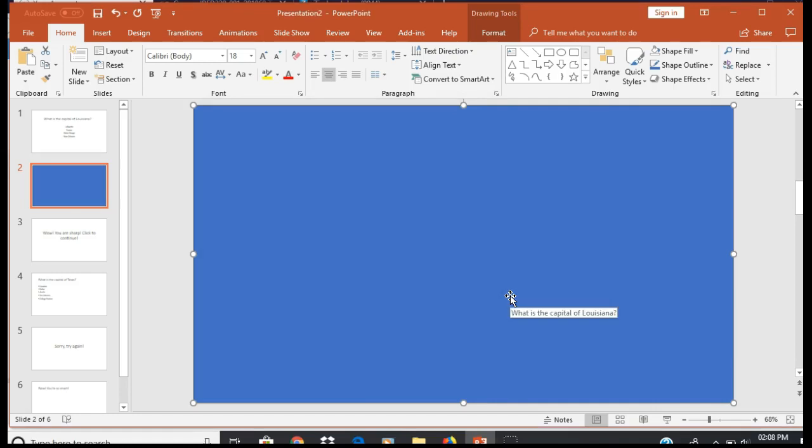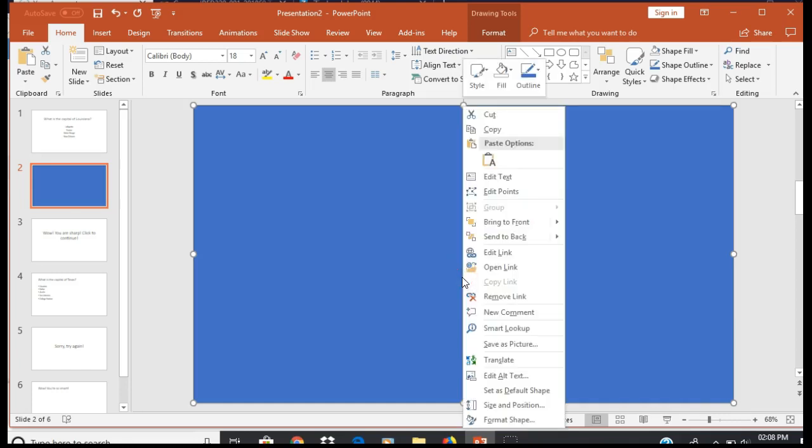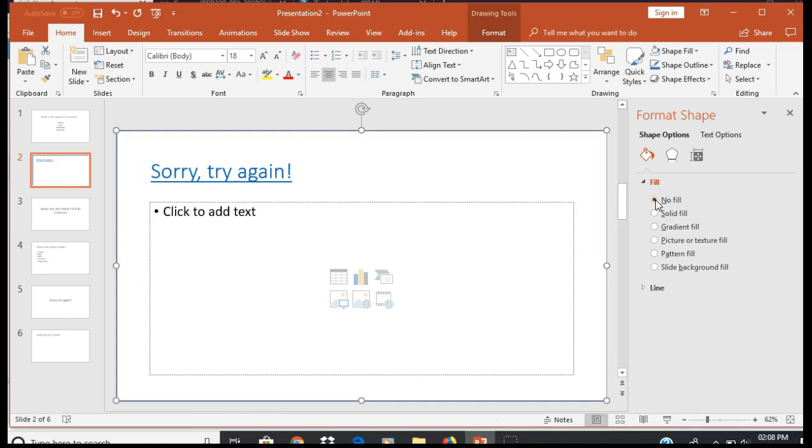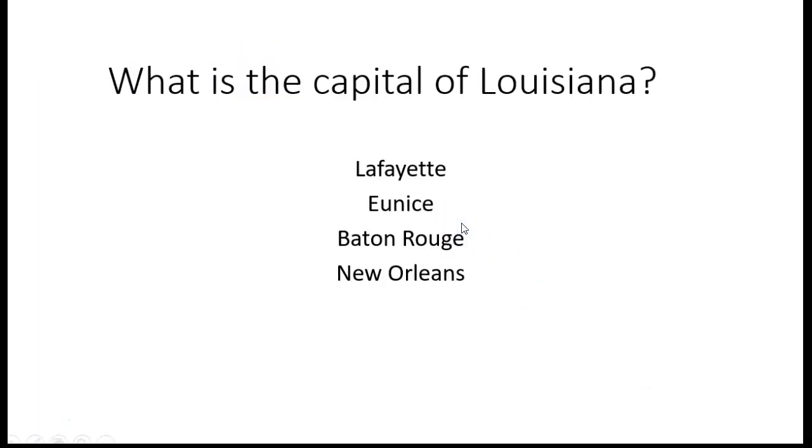And then, of course, the question is what do you do if you have covered the answer? You can do several things. First of all, you can format shape and select no fill. In this case, the shape becomes transparent. So let's see how it works. Wherever you click, it goes back to the original question.